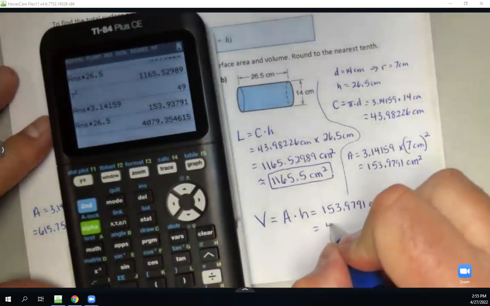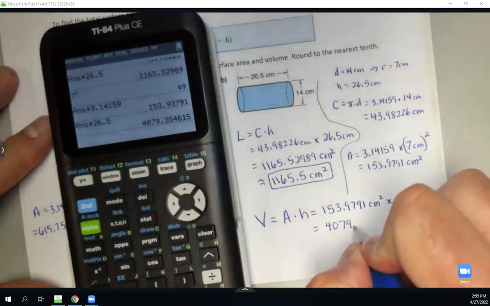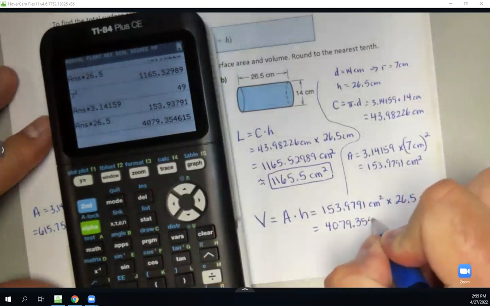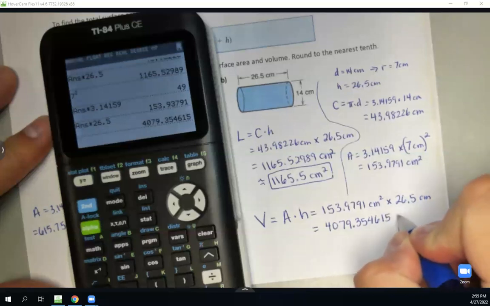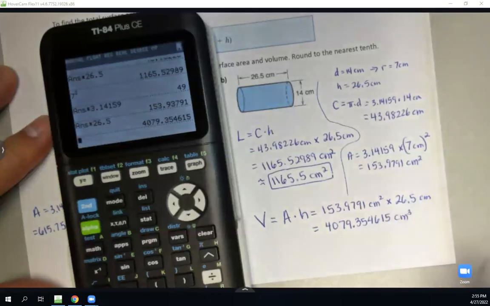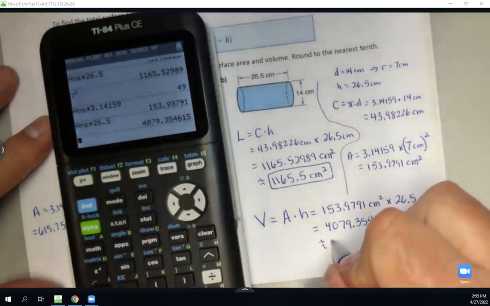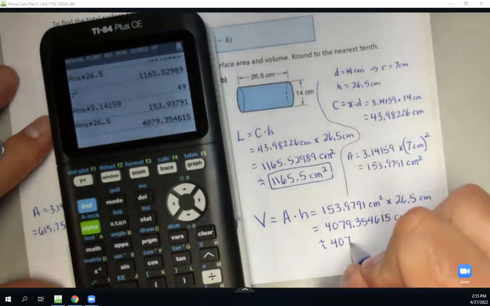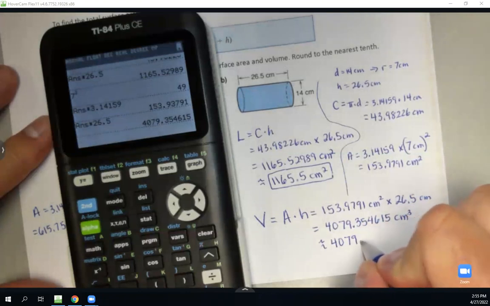So that's going to be 4,079.354615 cubic centimeters. So if I round, 4,079.4.